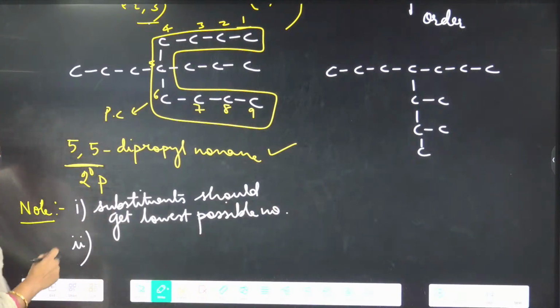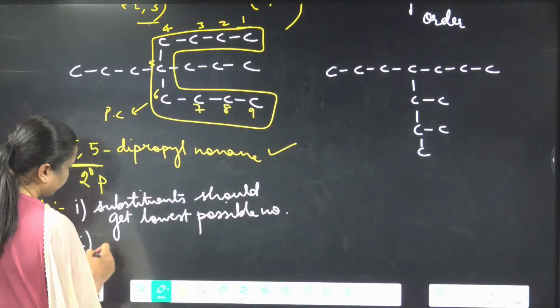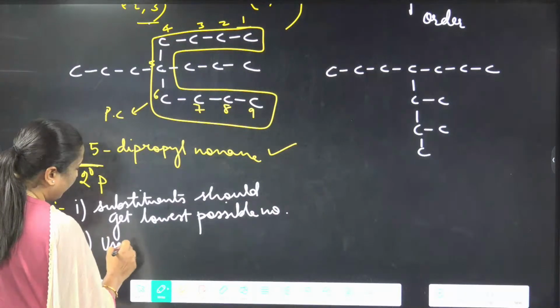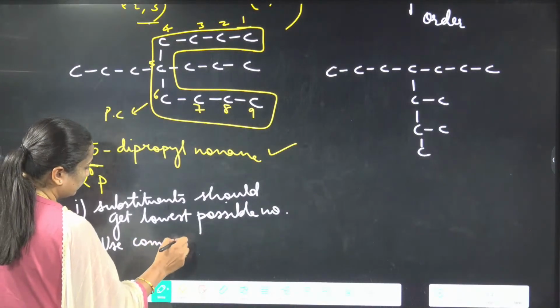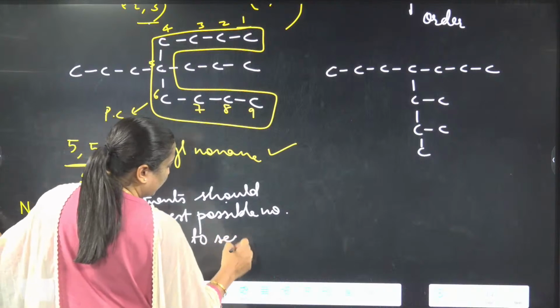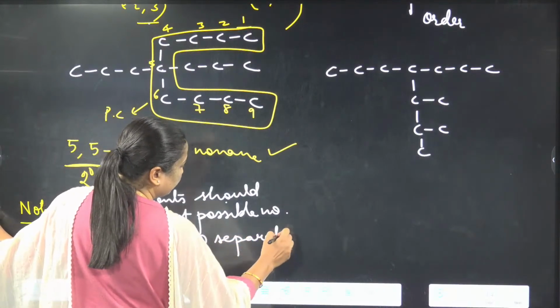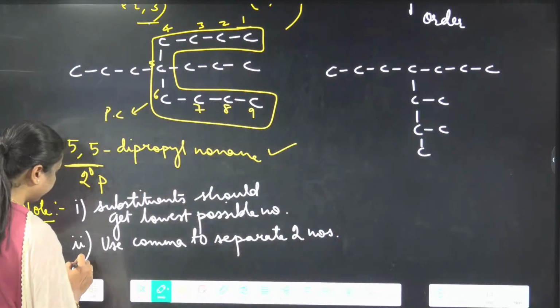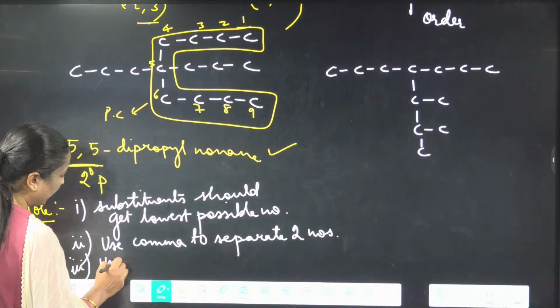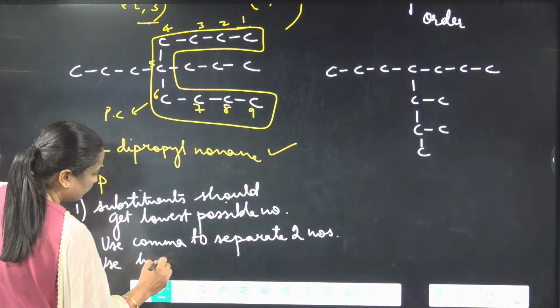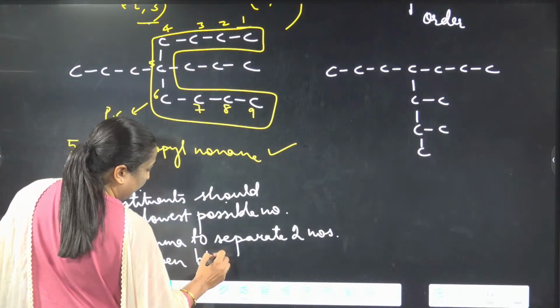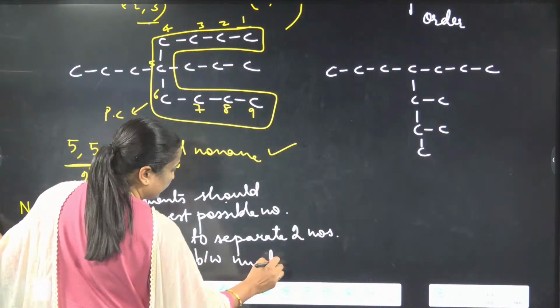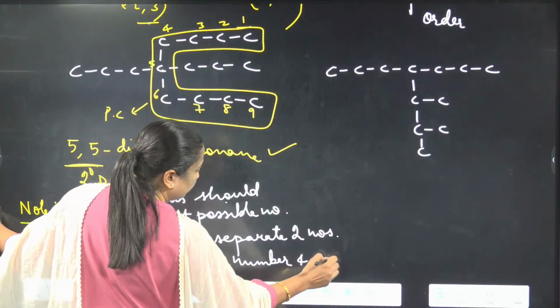Then what else you can have here is: use comma to separate two numbers, okay? Then use hyphen between number and name.